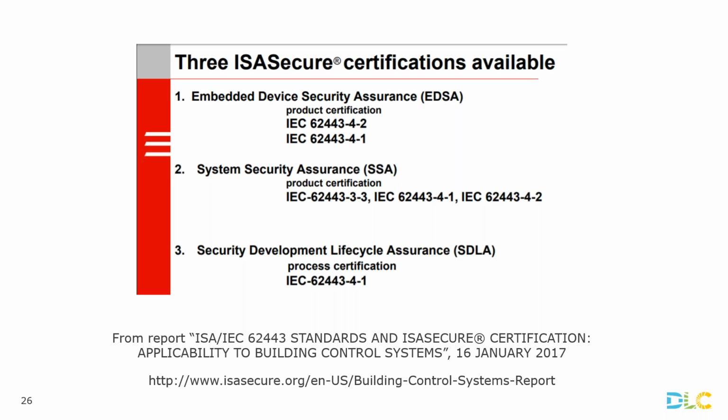And then the bottom one would just be for the design phase, which would probably happen before the product had been released. This slide was taken from a report from last year, where the whole report is about how to apply this standard to building control systems, which is mainly related to HVAC and other building control systems, but they also mention lighting control systems.